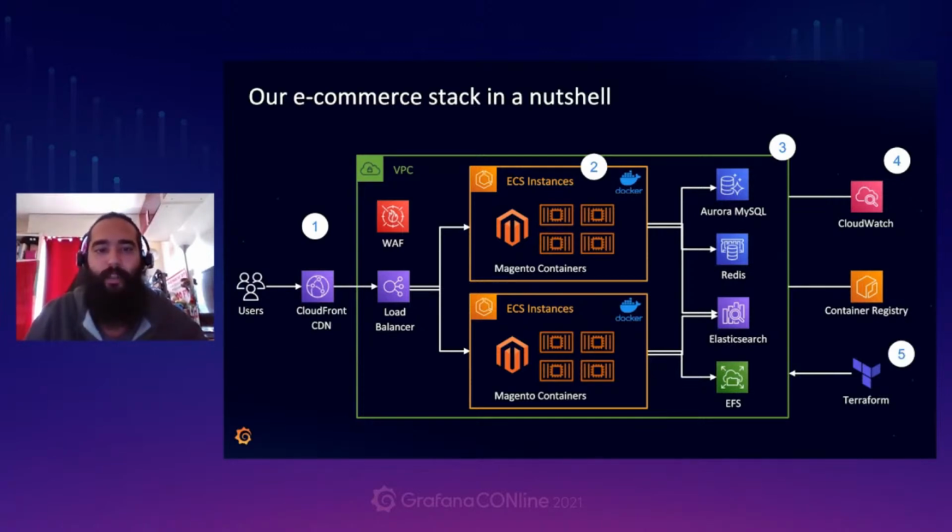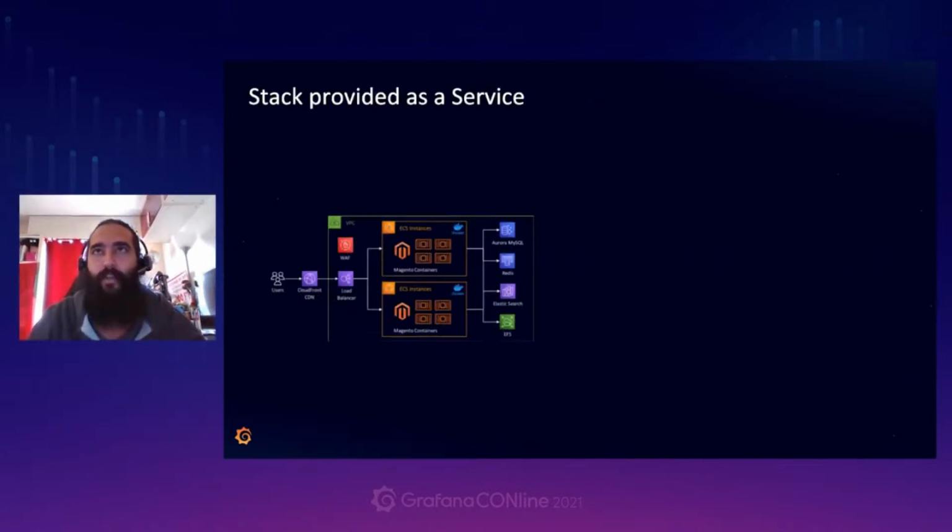And finally, everything is deployed using Terraform, not only the infrastructure itself, but also anything that a store needs to run, like the load balancer configuration, the DNS configuration, SSL certificates, the backups themselves, and also everything related to monitoring and logging.